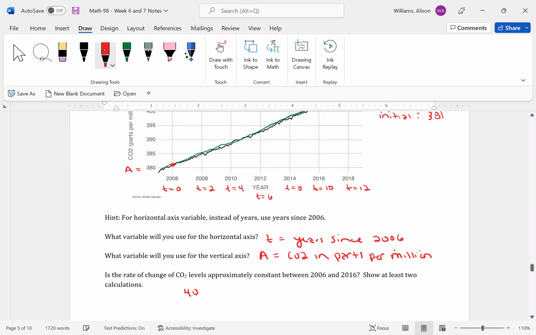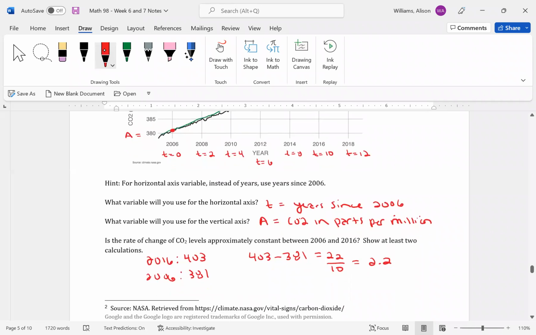So 403 in 2016, and I'm going to compare that to the 2006 amount of 381. So that is a difference of 403 minus 381, which is 22. And that's over 10 years. So for a 10-year period, that's 2.2. So the CO2 levels are growing at a rate of 2.2 parts per million per year.